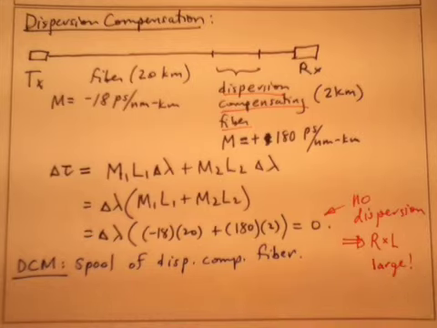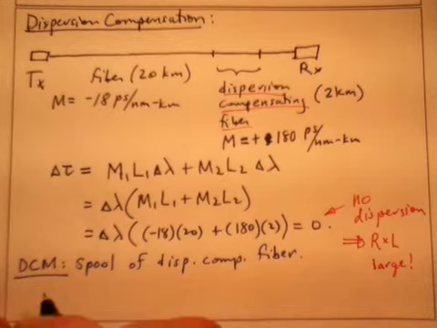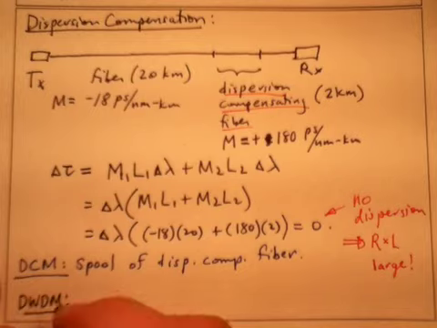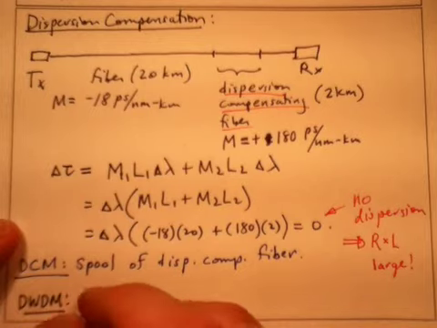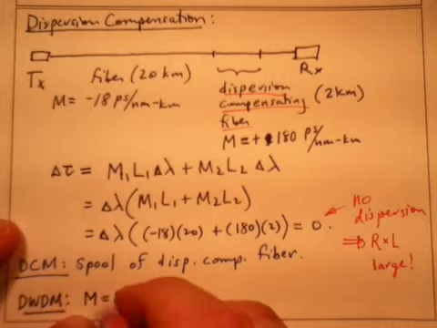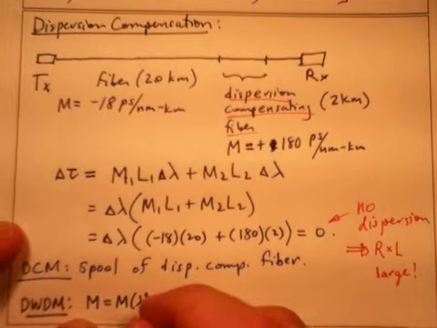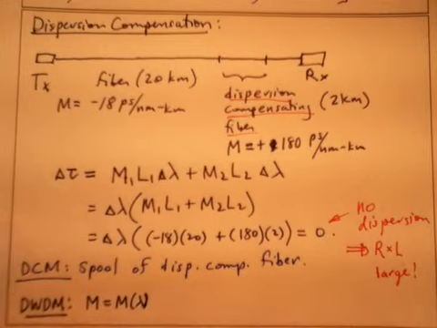It turns out with DWDM systems, all the M's are a function of wavelength, and that greatly complicates dispersion compensation.